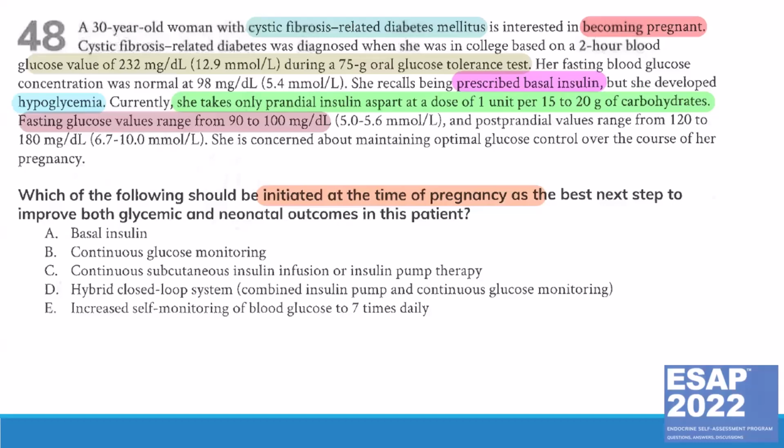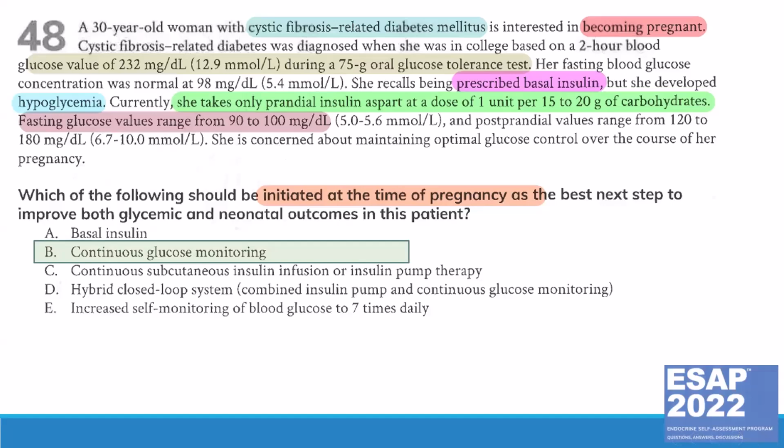Continuous subcutaneous insulin infusion or insulin pump therapy: the patient is not on pump therapy, and we don't initiate an insulin pump during pregnancy in a patient not already on it. The patient's blood glucose is okay. So actually, as mentioned by Dr. Sherihan, continued blood glucose monitoring is the best step.